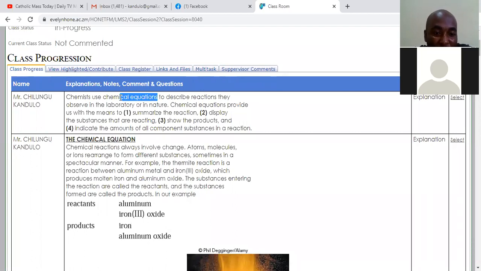So chemical reactions always involve change. Atoms, molecules, or ions rearrange to form different substances. So that's how it is. Even you guys, when you are in a relationship, there should be chemistry, meaning there should be a rearrangement.